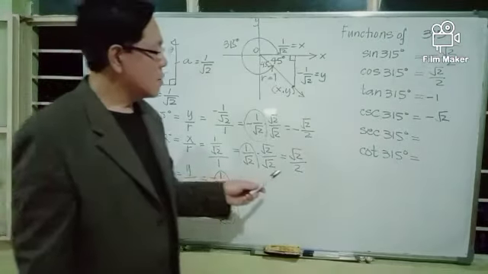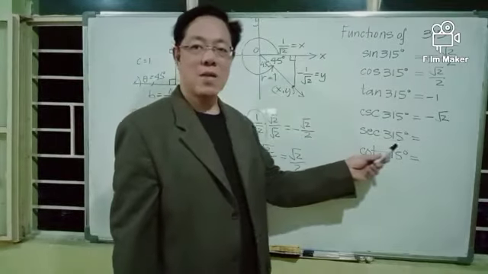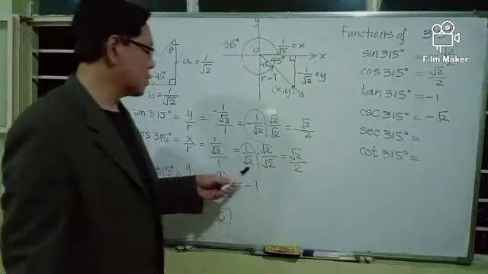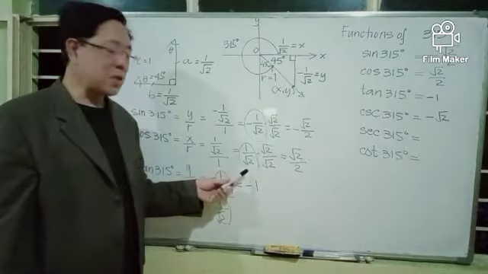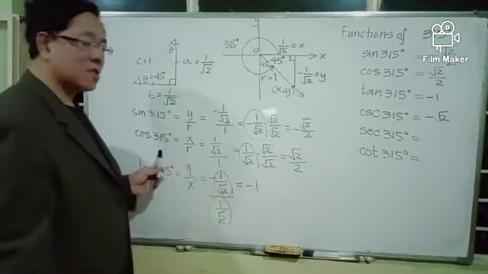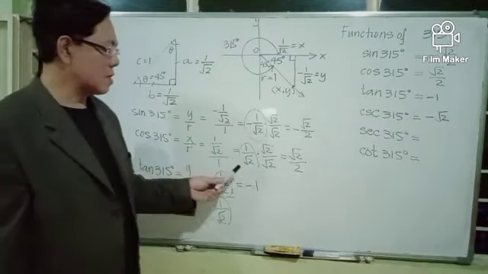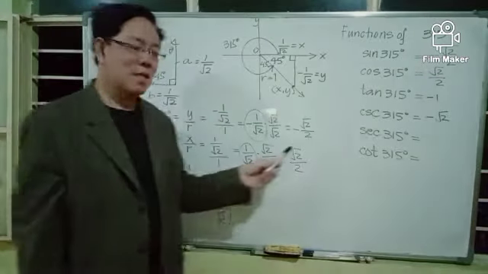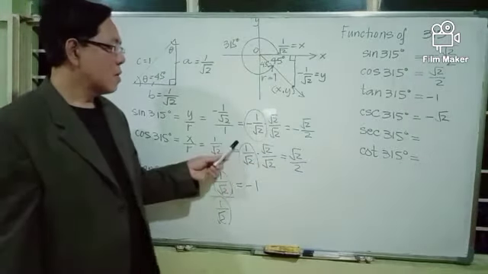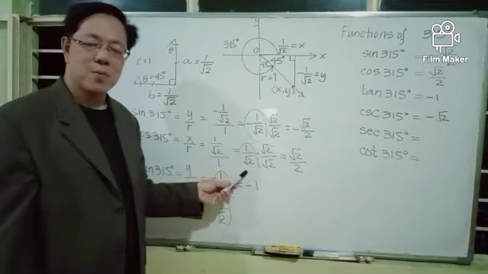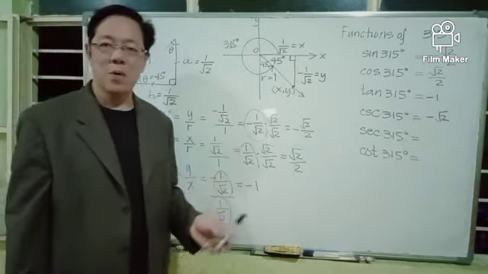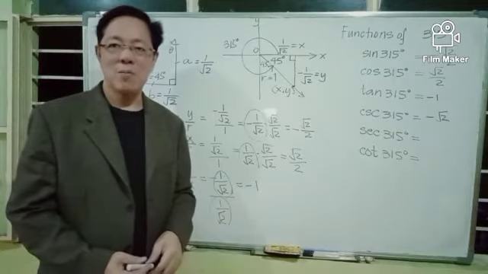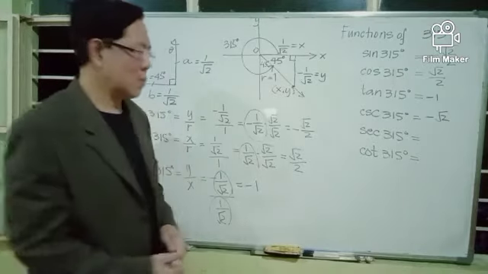The secant of 315 degrees is equal to the reciprocal of the original value of cosine of 315 degrees, the reciprocal of 1 over square root of 2, which is square root of 2 over 1. And square root of 2 divided by 1 is square root of 2.